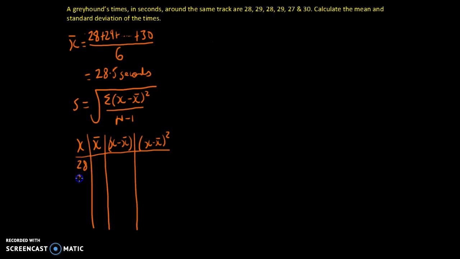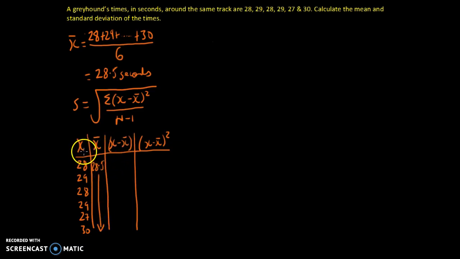We've got 28, 29, 28, 29 again, 27, and 30. X bar, that's your mean, 28.5, so we worked out here, and I won't write that all in, but 28.5 for all of those.